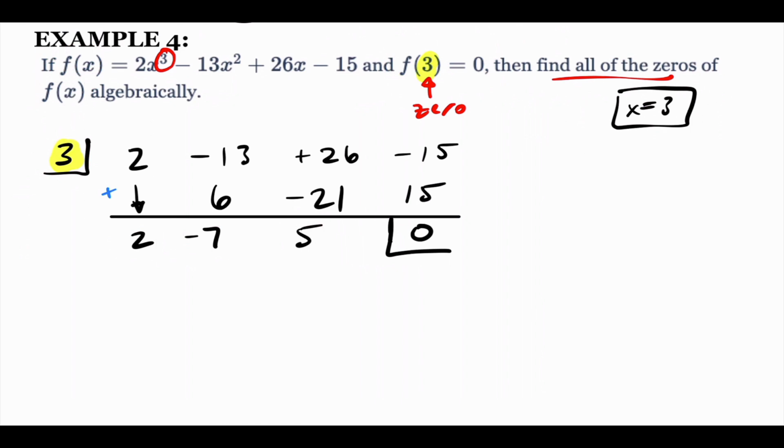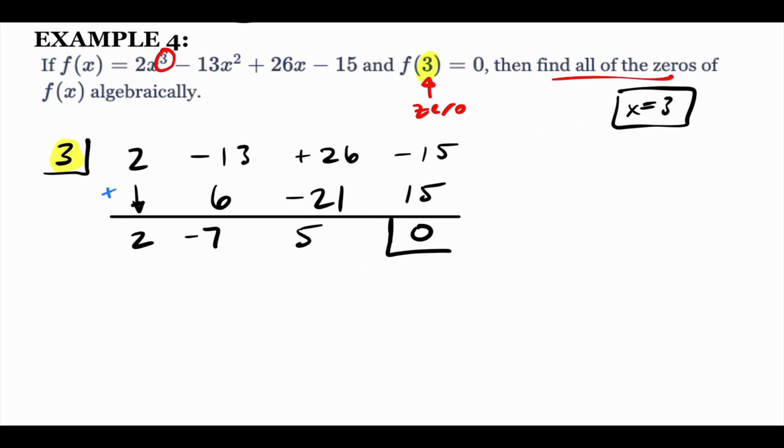Should I have gotten 0 as a remainder? Does that make sense? Yeah, because they gave me an answer. So if I give you an answer, I should get 0 as a remainder. Like if I say, hey, 8 is one of the factors of 32, find the other one. Well, when I divide it by 8, I should get no remainder. Makes sense. Okay. All right.